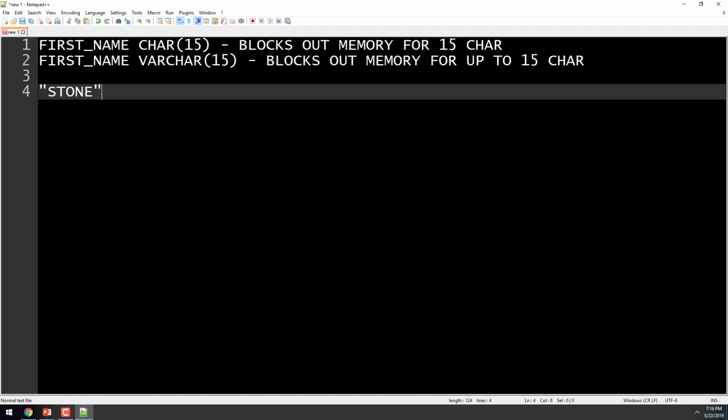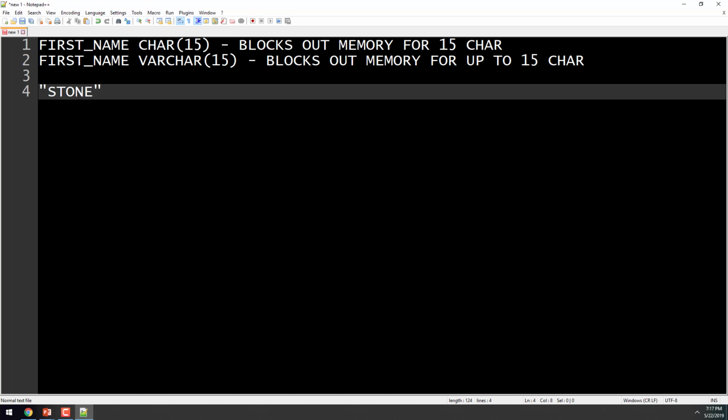If I were using line 2, instead of blocking out 15, it's only blocking out enough to hold 5 because that's all it's going to use, right? A character blocks out all the memory whether you use it or not. A variable character will block out how much it needs for that specific record.